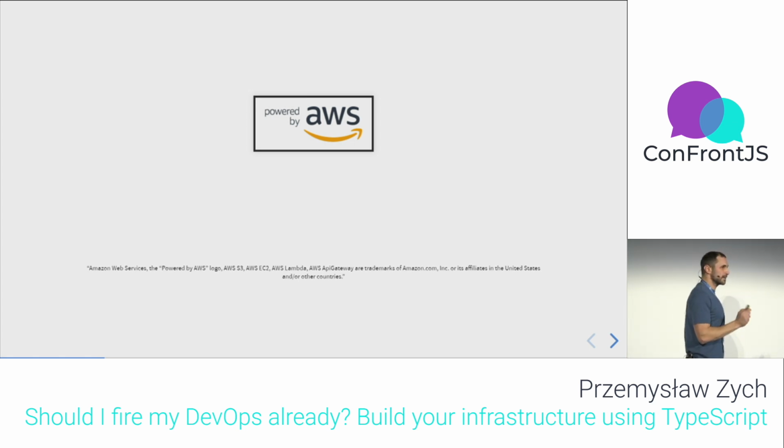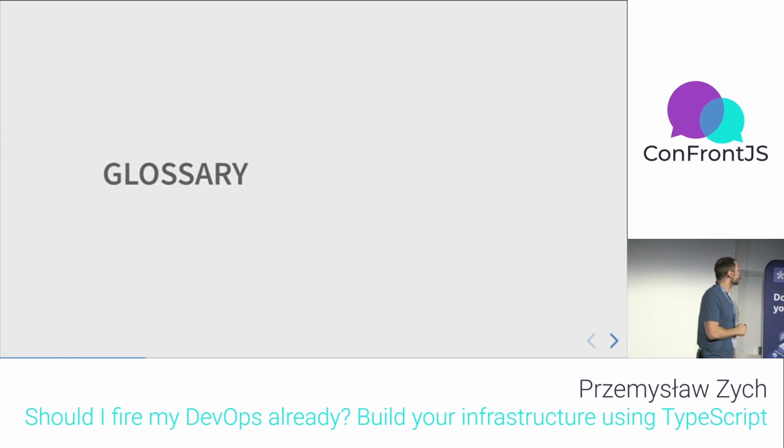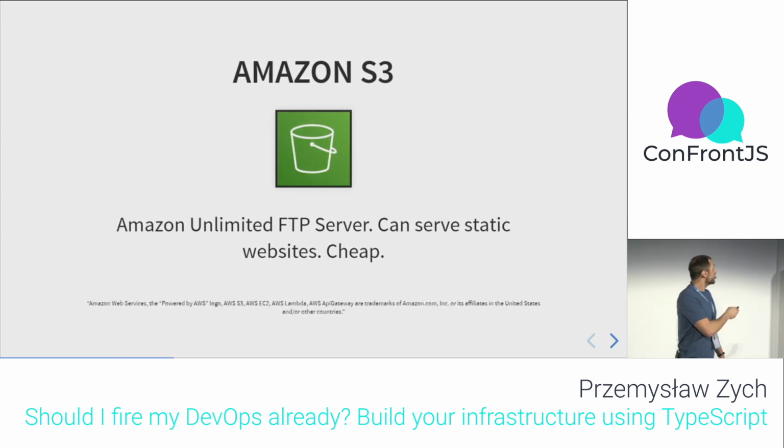Since some of you don't know AWS, I'm going to give you a quick introduction to the services that we are going to use. The first is Amazon S3, which stands for Simple Storage Service. You can think of it like an unlimited FTP server, and we will utilize its ability to host static websites.